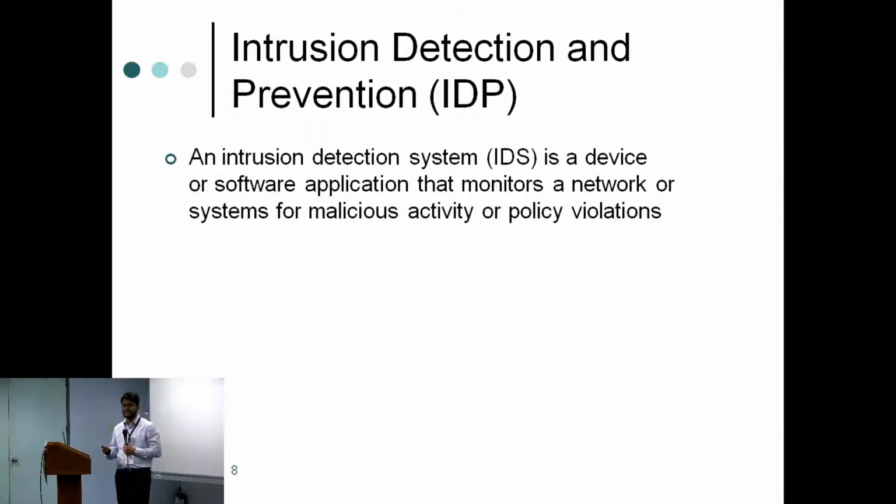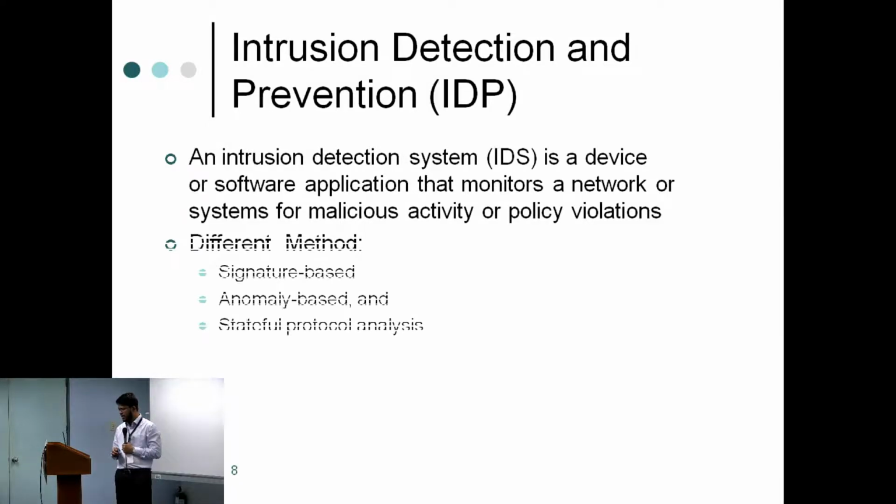Malicious activity means you want to check whether some attack is going on. Or it could be that you have provided access to somebody and he's violating that access, trying to open a file that he's not supposed to open. These are all part of IDP.